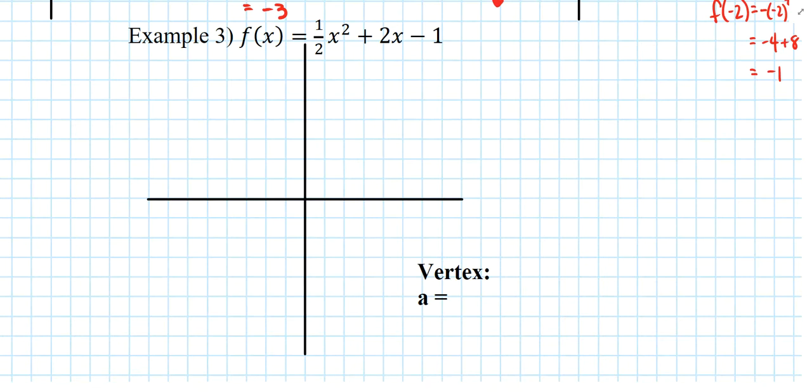Example 3. F of x equals 1/2 x squared plus 2x minus 1. Please pause the video again and try this example on your own. Resume playback in a moment to check your work.